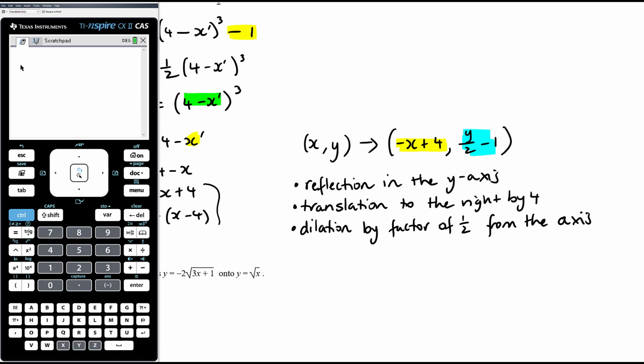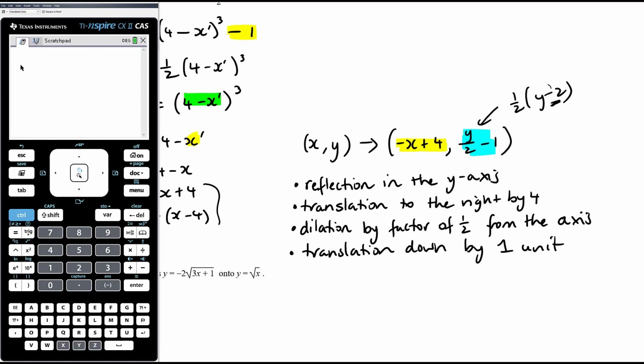And then we've subtracted 1, so then we've done a translation down by 1 unit. Once again, if we'd written this as y minus 2 all over 2, we would have translated down by 2 units before we then did the dilation by half, because that would be half times y minus 2. Translation down by 2, then dilate by half.